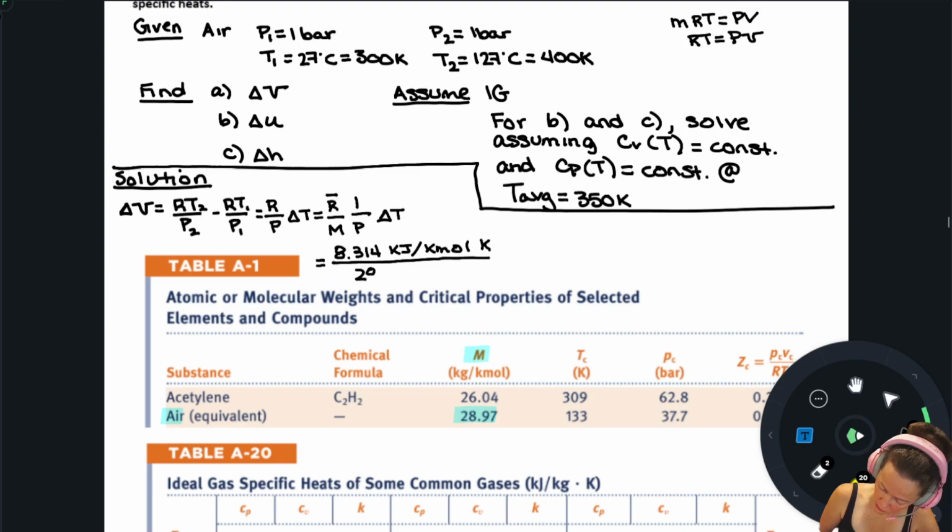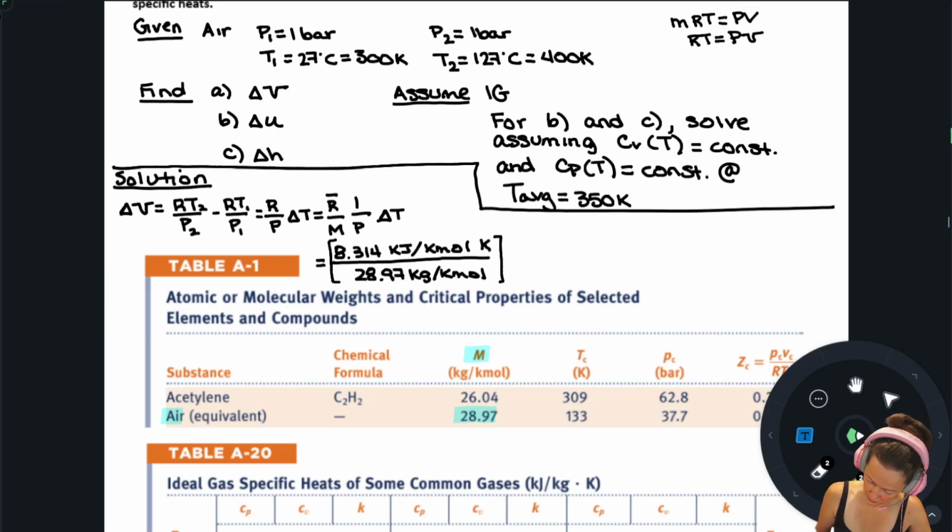Your molar mass is 28.97, and that's going to be kilograms per kilomole. Remember, we got that molar mass from right here. We got our universal gas constant from the bottom of your conversion factor sheet in your thermodynamics packet, which is located on the home page of your Canvas page.